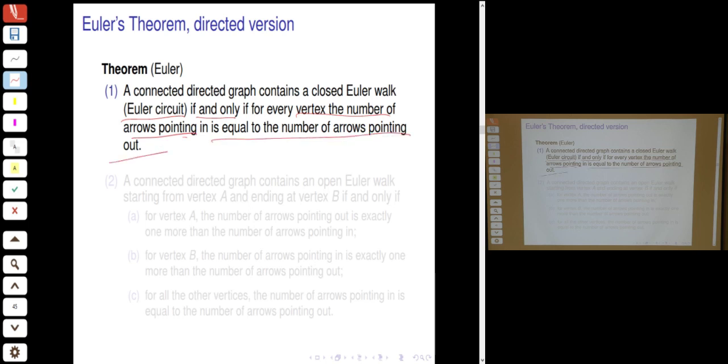Okay? So this is, in some sense, a generalization of the condition which we had for graphs without arrows or without directions. For graphs without arrows, we noticed that the condition was for every vertex to have even degree.